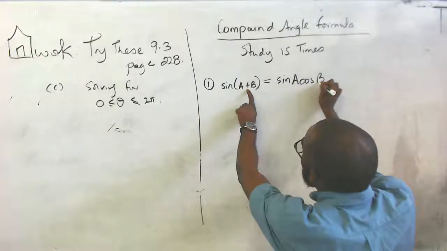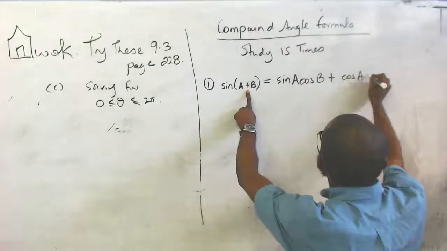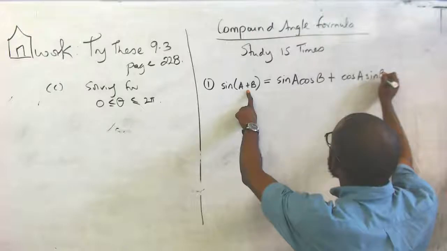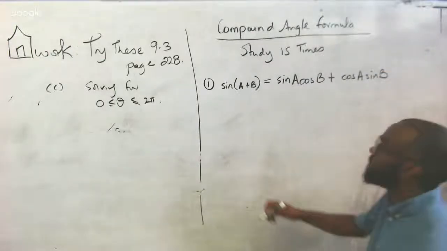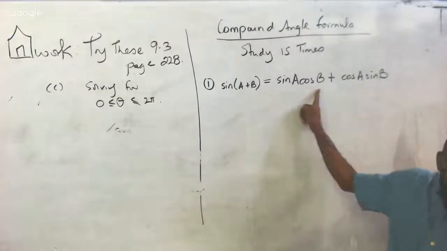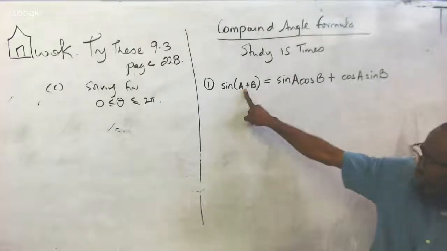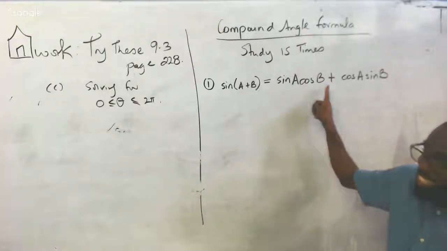Sine keeps the sign, so I get back a plus, and then cosine of the first thing, sine of the second thing. So you see sine alternates, and keeps the sign. If it was plus here, give you a plus here. And it starts with sine.